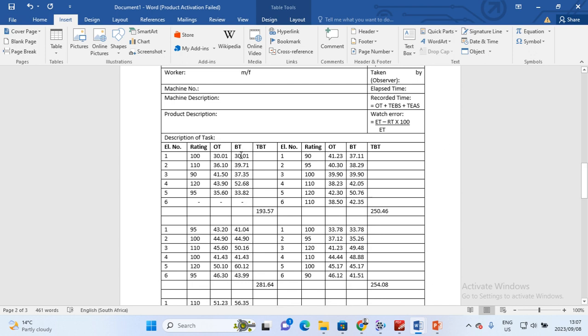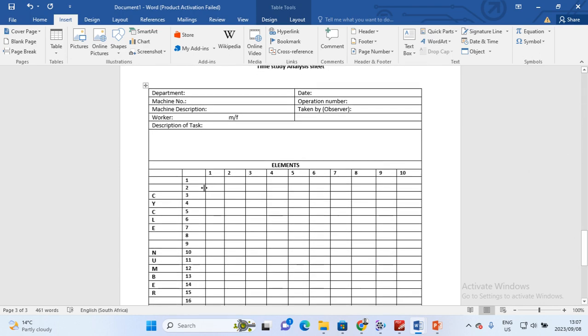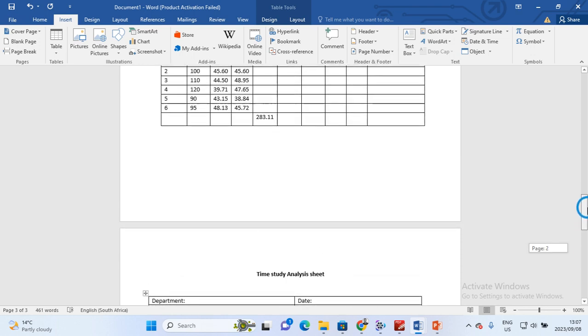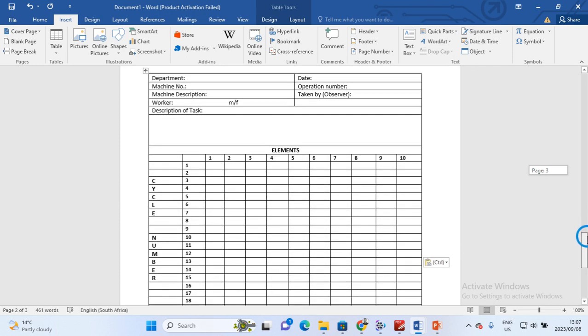We are not going to take element 1 up to element 6 and fill it in our element column here. No, what we are going to do is take the first element in each of the cycles. Remember, be careful when filling this table. We have the cycles here: cycle 1, cycle 2, cycle 3, cycle 4, and so on. And then we have element here.